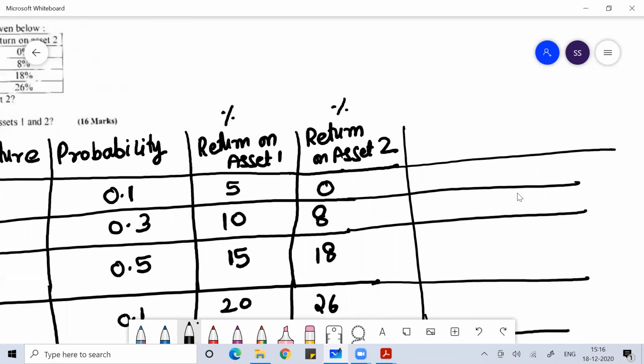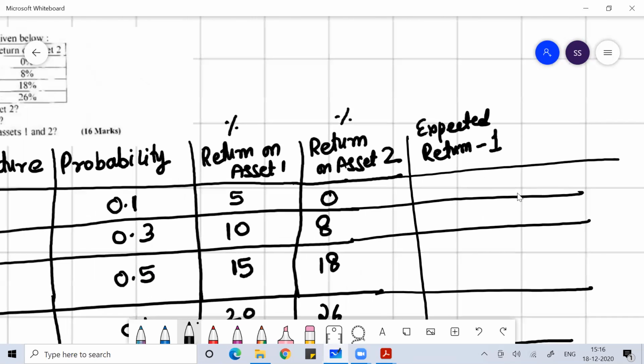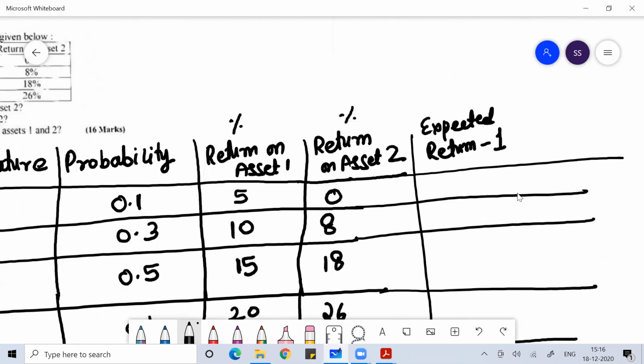So what is the first thing you'll do? You will find the expected return on asset 1. What is the formula of expected return? Probability into individual return. So 0.1 into 5 means 0.5. Then 0.3 into 10 means 3.